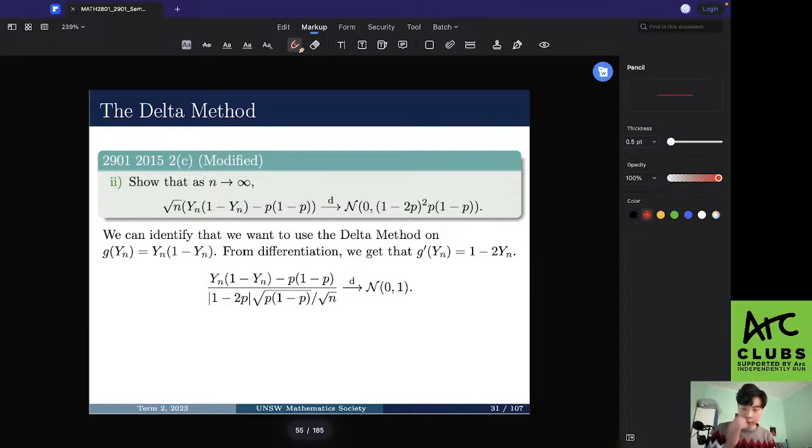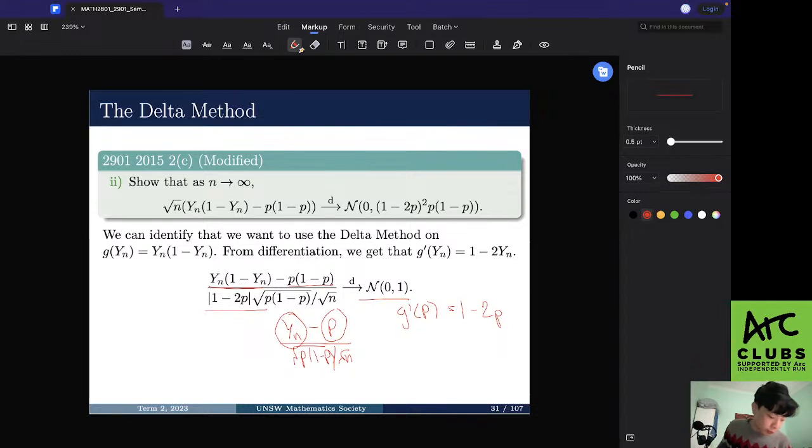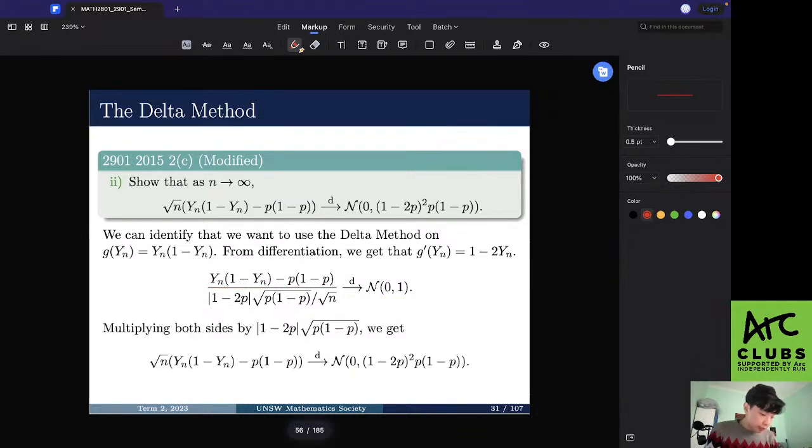And why is this important? Well, since we know that Yn is convergent to a normal distribution, we know that g of Yn is g of p with g dash of p, which is 1 minus 2p. And we know that this is convergent to a normal distribution. So, very simply, we can multiply both sides by this right here. It'll get squared since it's a constant in front of the variance, right?